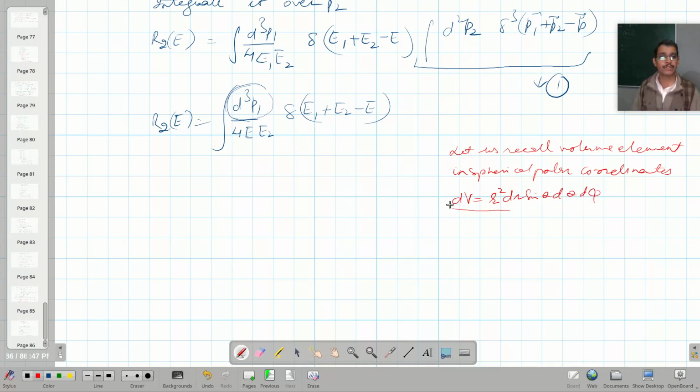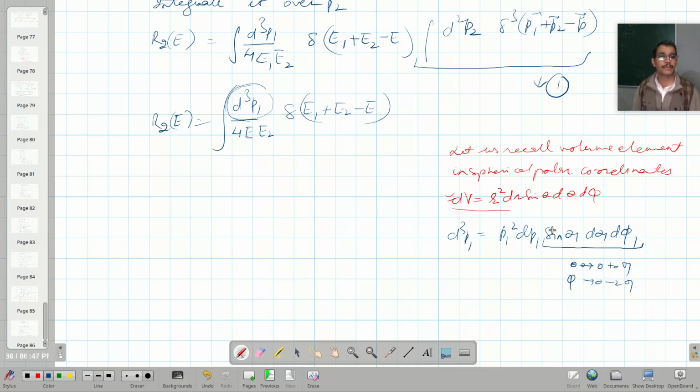Keeping this formula in mind, we can write the expression for d³p1 as p1 squared dp1 sine theta1 d theta1 d phi1. Here theta varies from 0 to pi and phi varies from 0 to 2 pi.